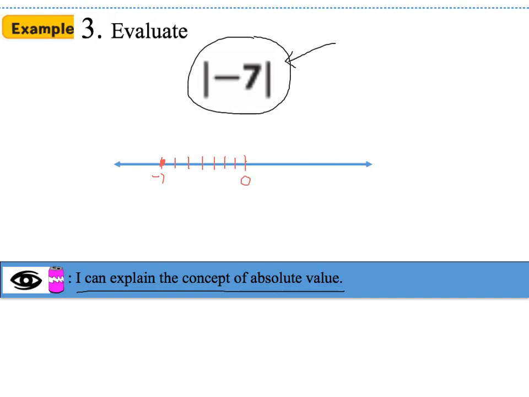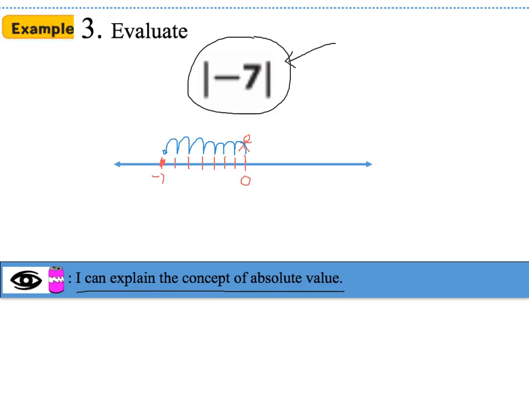Now if I want to figure out what the absolute value of that is, let's pretend like this is a person right here, and he's standing at 0. And an earthquake happens, and he moves 1, 2, 3, 4, 5, 6, 7.